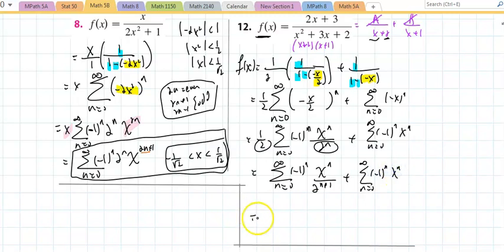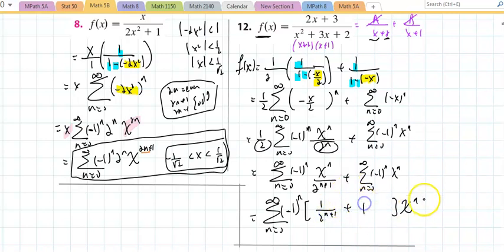I could combine those and say that's the series n equals 0 to infinity, because they both start at the same place. All I care about is getting x to the n out of that. Negative 1 to the n is common in both. And on the first one, 1 over 2 to the n plus 1.